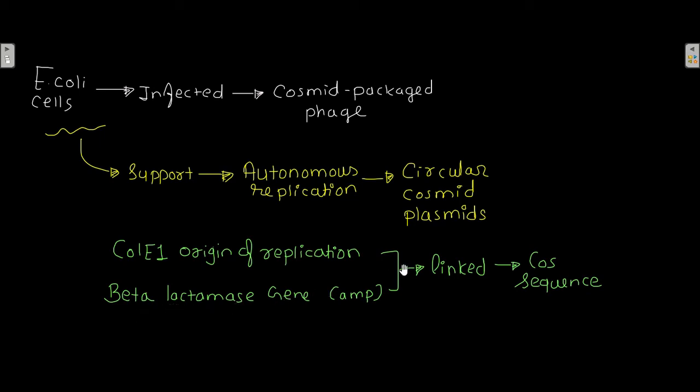The cos sequence is linked to both of these sequences, and that is the reason why these E. coli cells support the autonomous replication of circular Cosmid plasmids. So you make a Cosmid, you put it into an E. coli cell, and then the E. coli cell will replicate that Cosmid. That is how it is going to work.